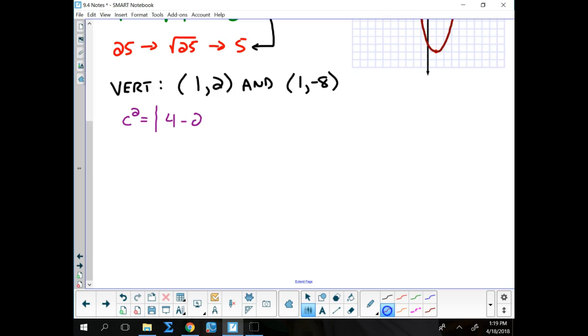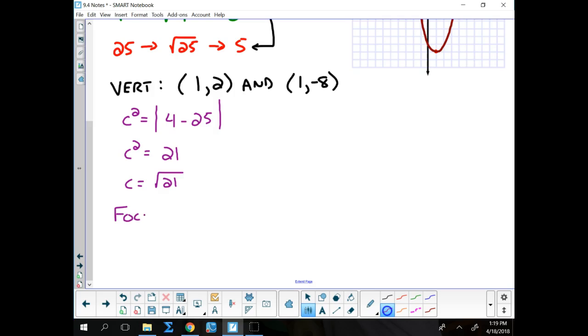Absolute value of 4 minus 25, which is, what is 4 minus 25? Negative 21, absolute valued 21. So c squared here is 21, which means c is what? Square root of 21. Can I simplify the square root of 21 at all? No? Okay. So then where are my foci?